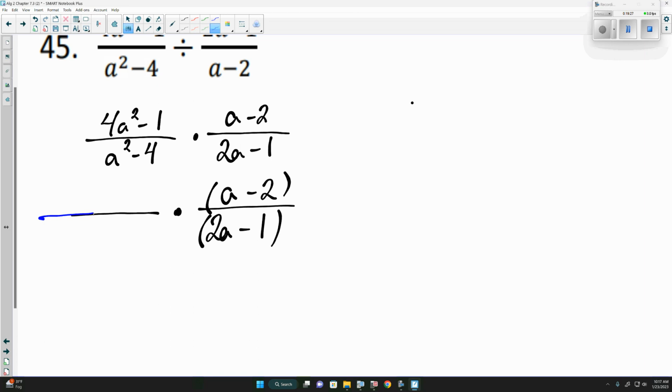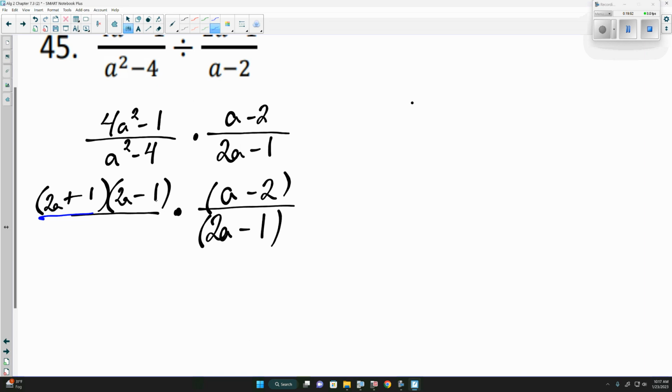What times itself is 4a squared? Because 2a times 2a, 2 times 2 is 4, a times a is a squared, so that is a perfect square. How about 1? 1. So this here is a difference of perfect squares. So we'll have 2a plus 1 and 2a minus 1.